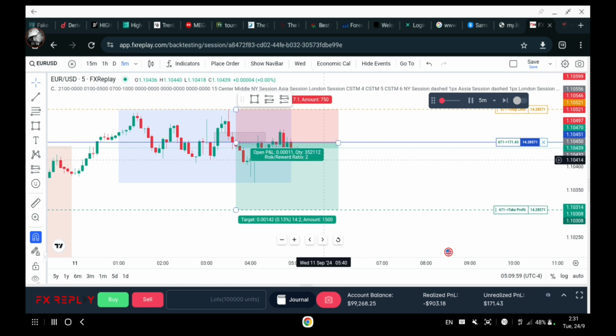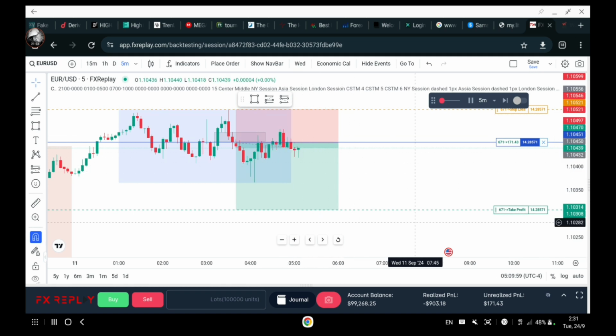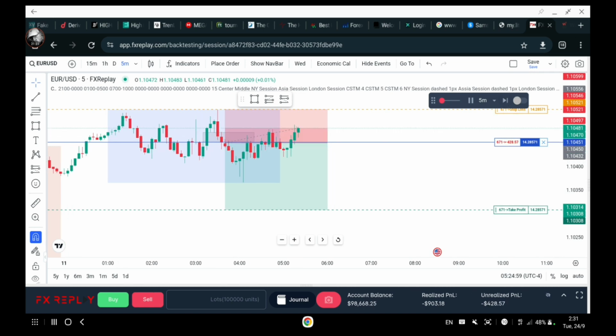I would have broken even if price was somewhere around here because it's 5, but we just have to hold. I don't like holding outside these times.